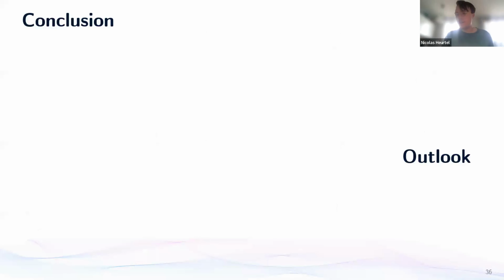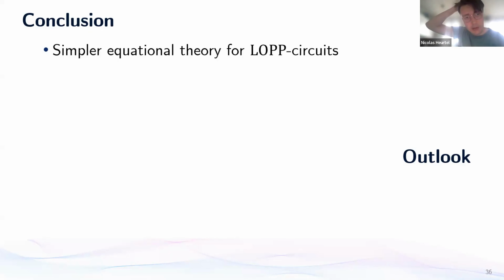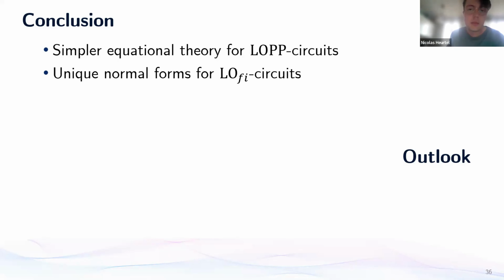And so now we come to the conclusion. First, there was a simpler equational theory for LOP, which may be used for other things, where we removed some phases in the equation, and we also had explicit and reversible rules. More importantly, the main result of the work is to have unique forms for LOFI circuits.